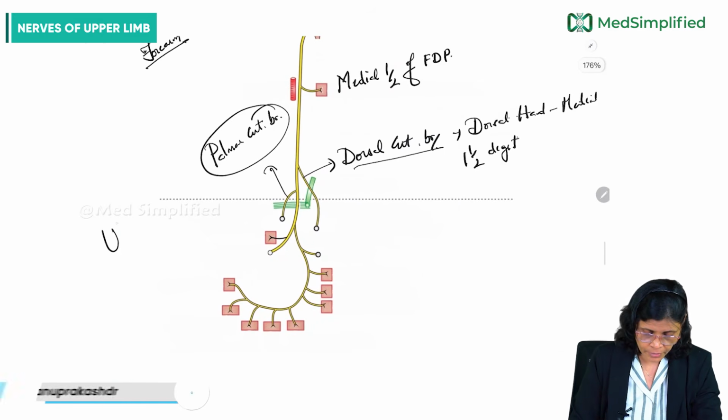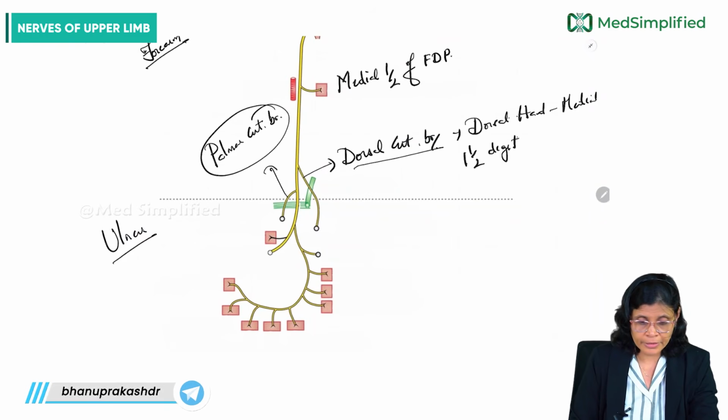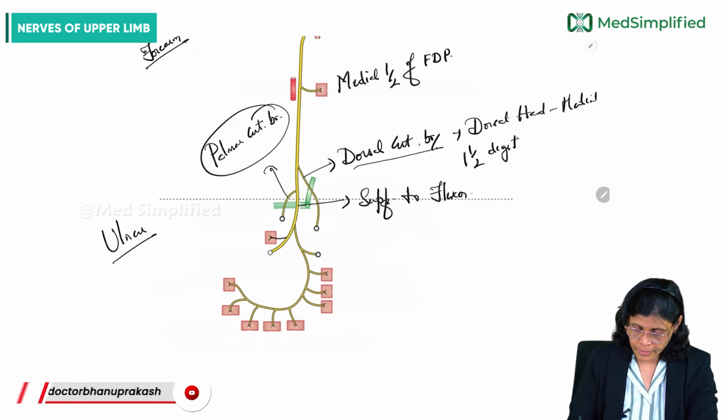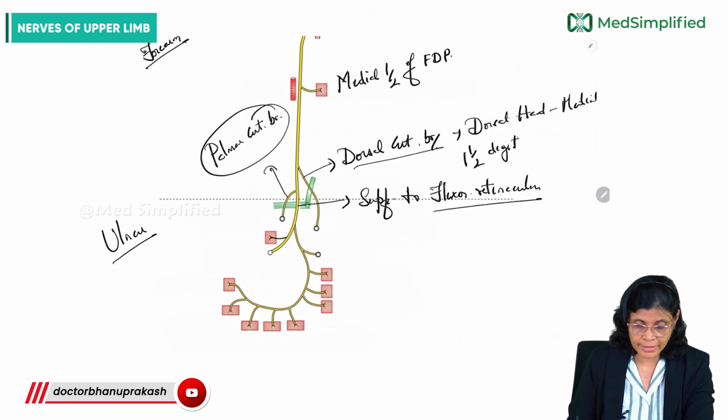So the ulnar nerve will enter the palm. Here you should remember that it passes superficial to the flexor retinaculum.